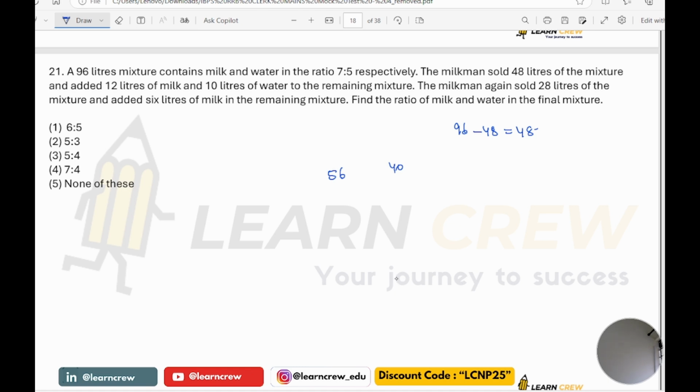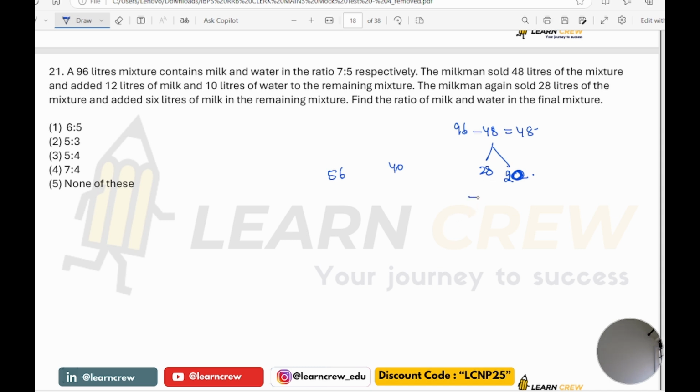The 48 that is sold is 28 of milk and 20 of water, since 7 is to 5 means 7 parts 28, 5 parts 20, and 28 plus 20 is 48.